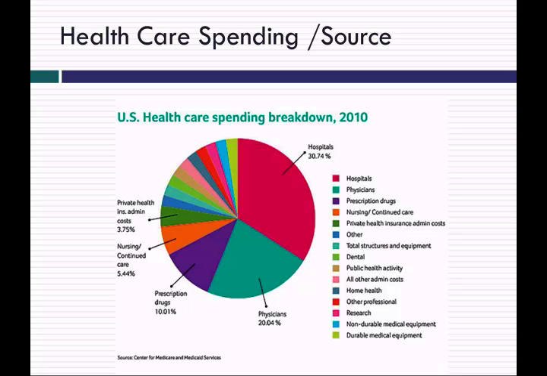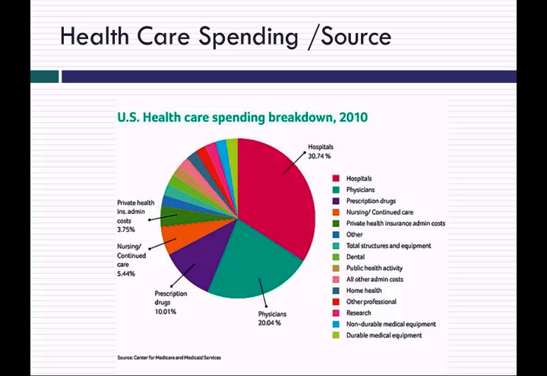If we look at healthcare spending, we see that hospitals account for the majority of healthcare spending, almost 31%, followed closely by physician services at 20%, prescription drugs at 10%, nursing and continued care at 5.4%. There are costs associated with administering the health plans, at almost 4%.